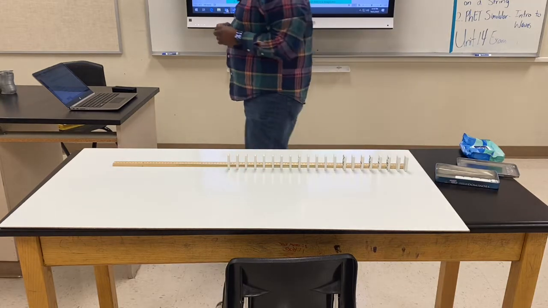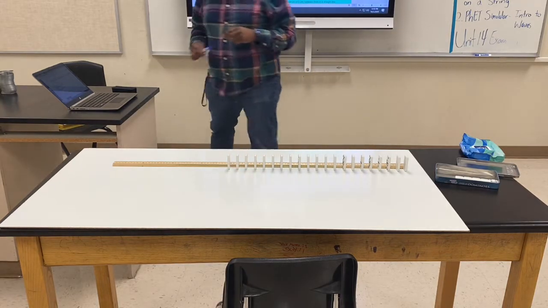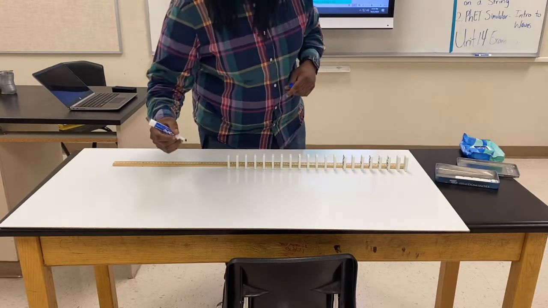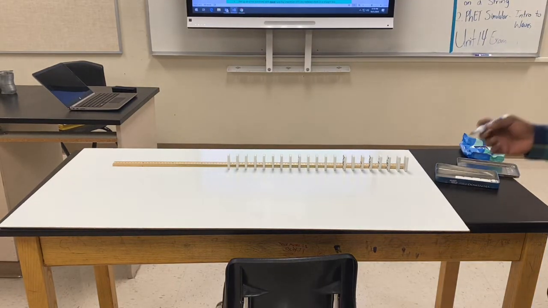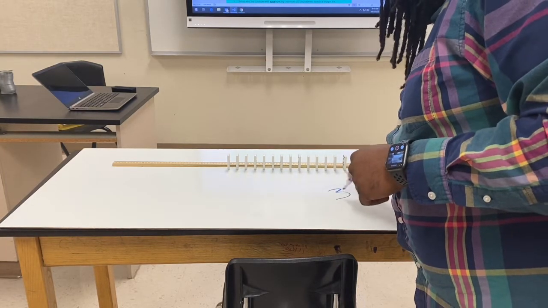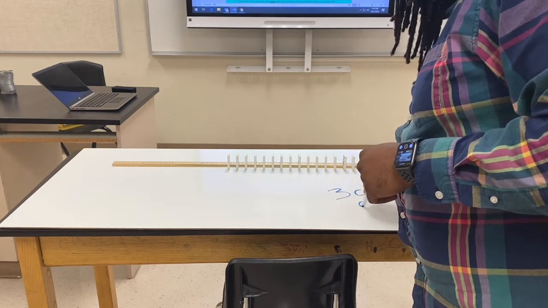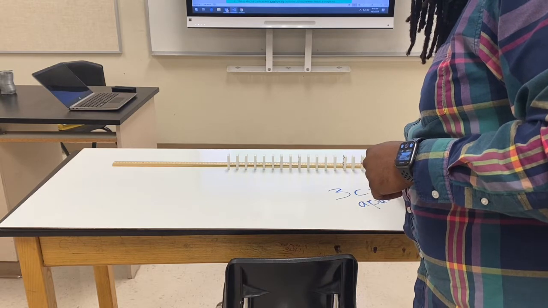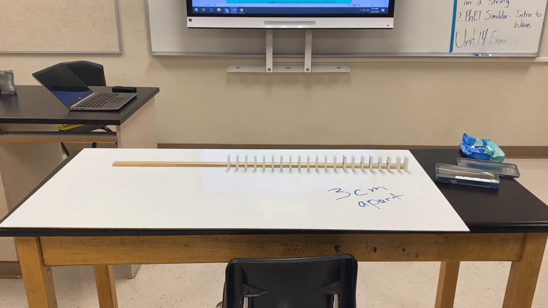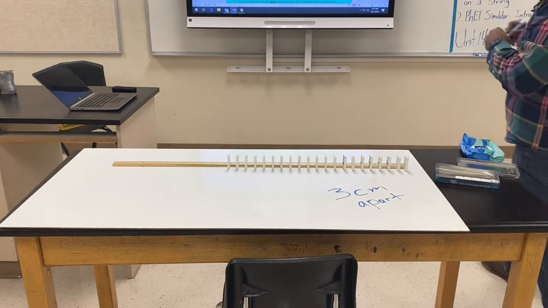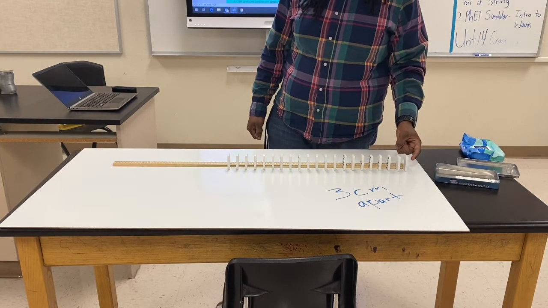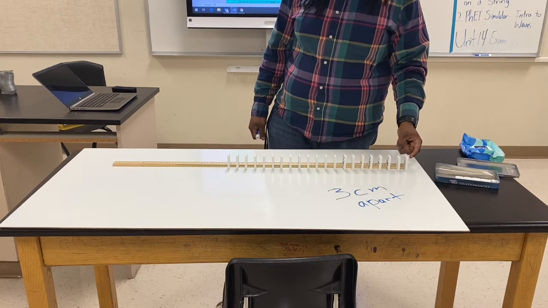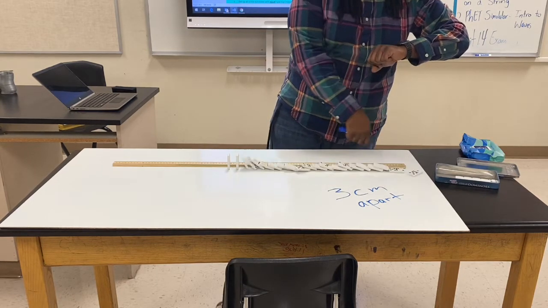So right now, the dominoes have been spaced out to, let's see if you guys can see it, 3 centimeters apart. As our first trial, I am going to knock them over. 3, 2, 1.